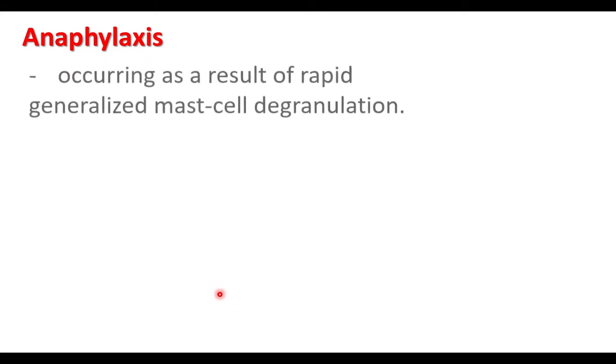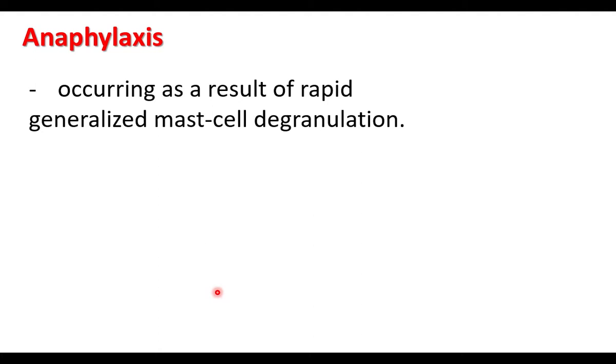Sometimes the allergy causes a violent, quick reaction. This anaphylaxis reaction, a fast reaction of the immune system, is the result of rapid generalized mast cell degranulation. Mast cells are secretory cells. They secrete histamine-like chemicals. Here degranulation means development of secretory vesicles from the Golgi bodies.